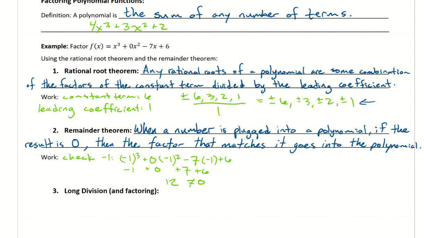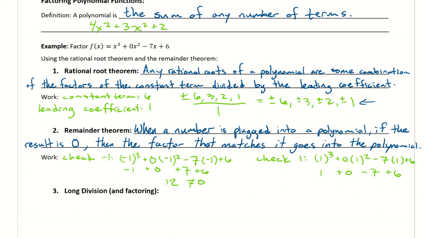So then let's try positive 1. I always check negative 1 and positive 1 first because they're the easiest ones to do the math with. And that also means I'll probably choose those types of numbers on quizzes and stuff because I don't want you to spend a lot of time multiplying a bunch of 6's out. So I've plugged in 1, and that gives me 1 plus 0 minus 7 plus 6.